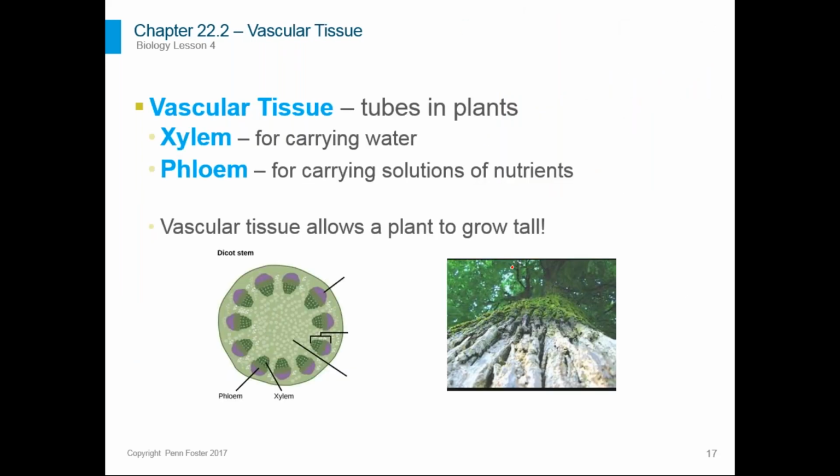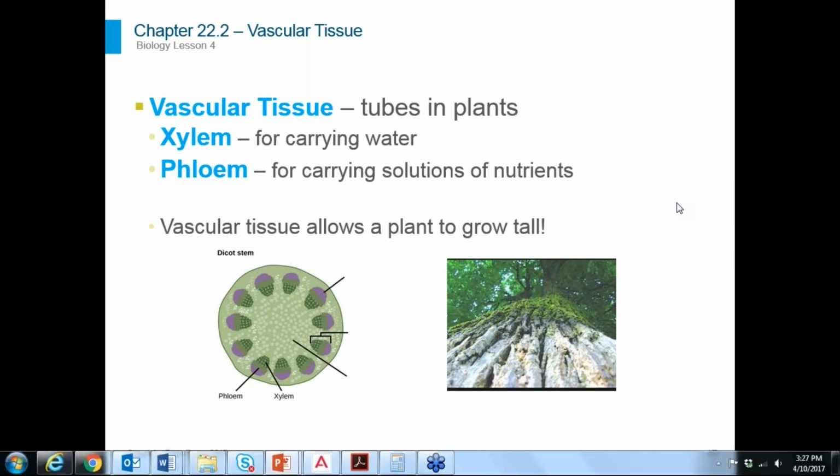Our next ones have vascular tissue. So let's learn about what that is first. Vascular tissue is basically tubes in plants that are for moving stuff. They're long tubes that have very hard cell walls. And there's two types of vascular tissue. There's xylem for carrying water from the roots to every part of the plant, and phloem for carrying nutrients and food produced by photosynthesis to all parts of the plant.